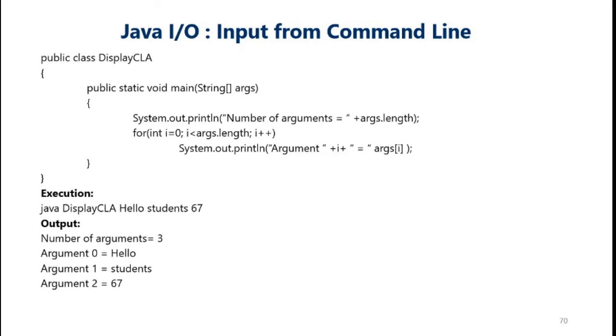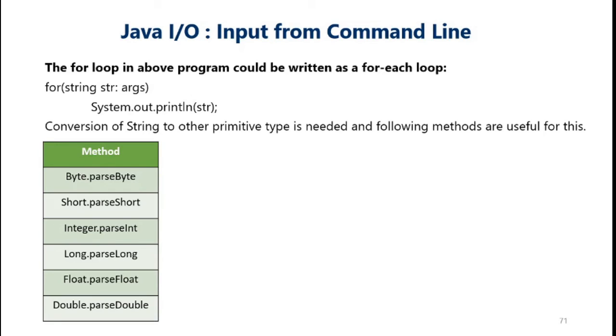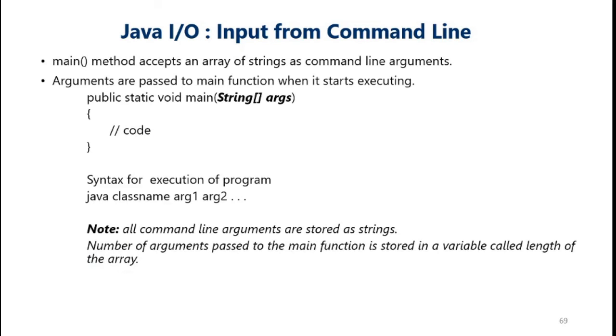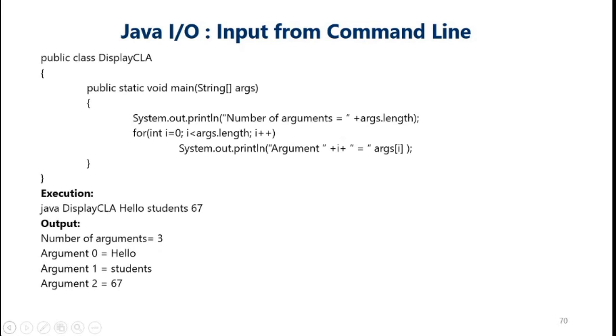Now recall the note which we discussed on the previous slide. What is the note? All command line arguments are stored as strings. Even though the value 67 is passed, it is stored as a string, and in the output we have displayed those values.